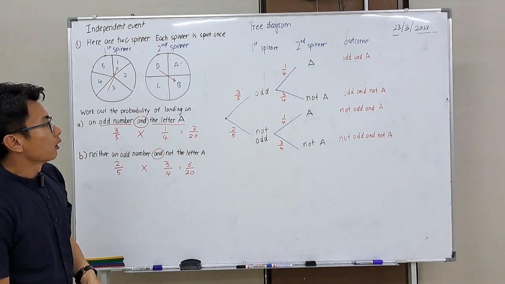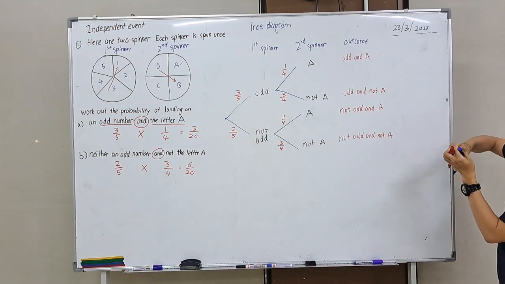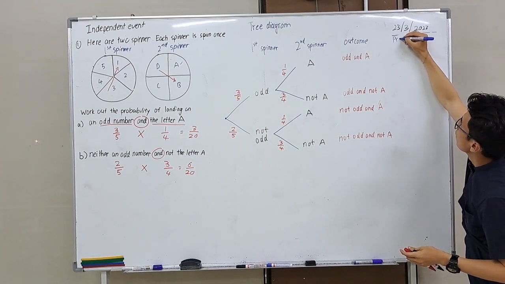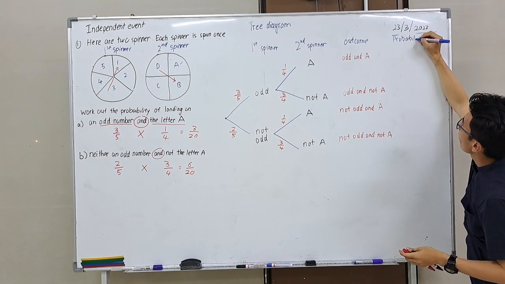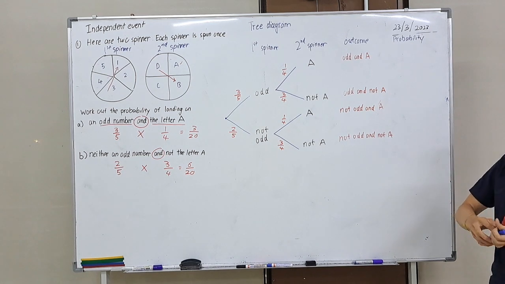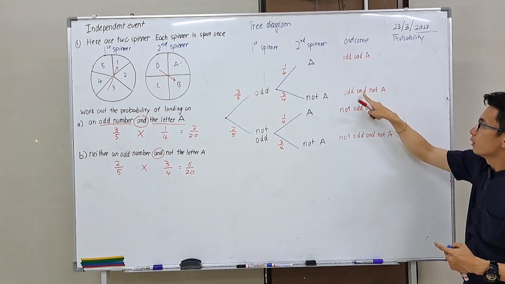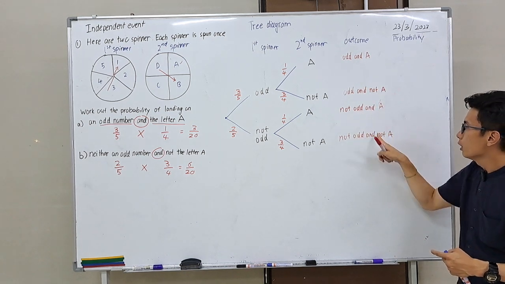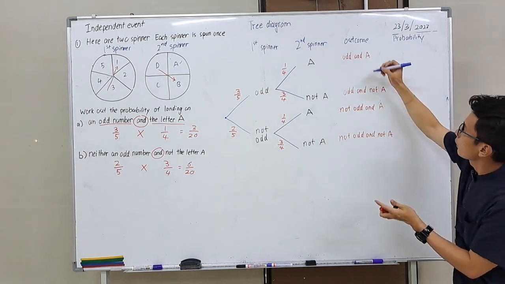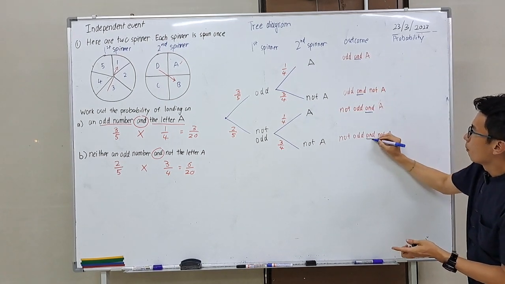Okay? Now the final thing over here is going to be the probability. Now, let's find all the probabilities over here. For independent events, if you see the word "and" over here, I'll underline this so you can see more clearly, it means multiplication.